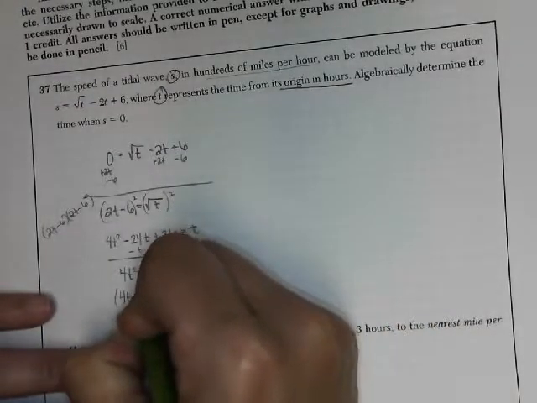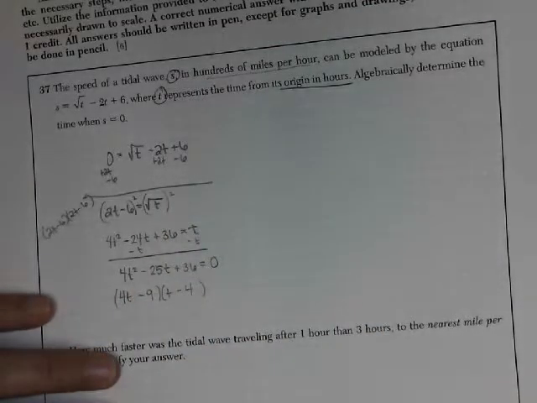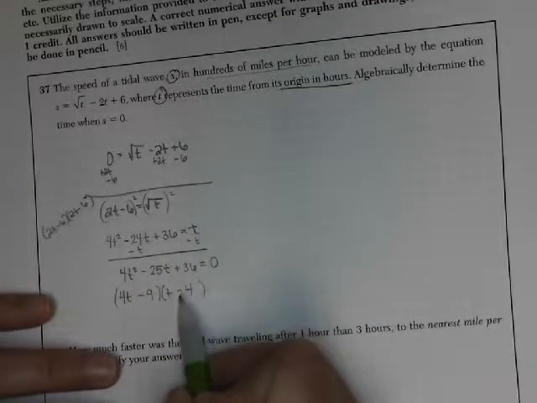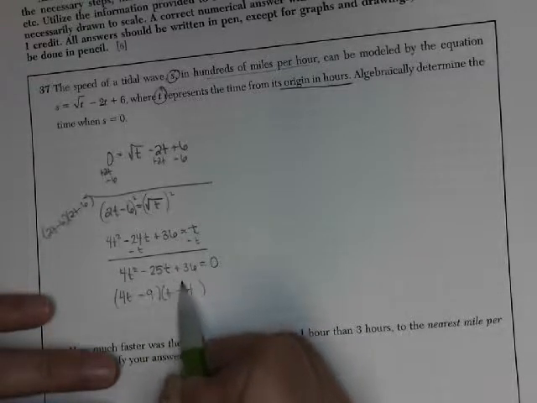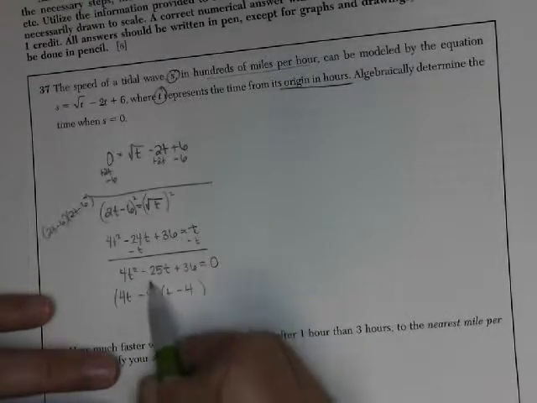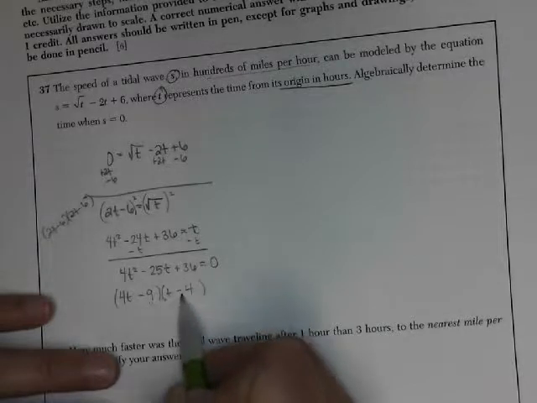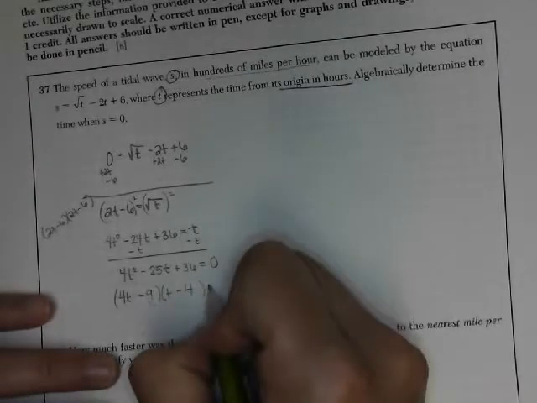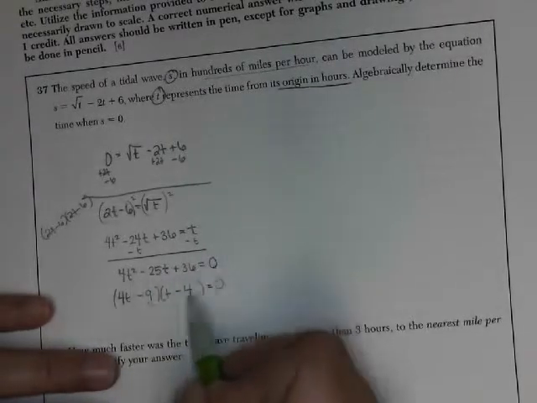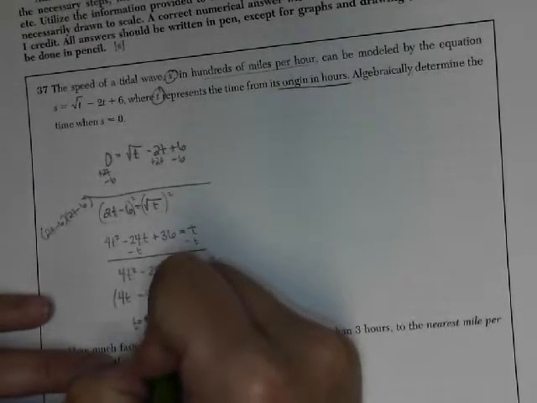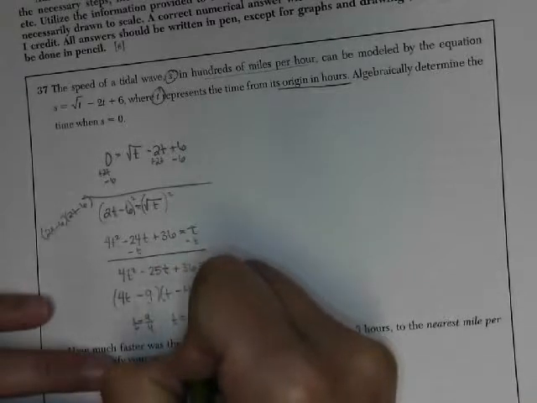This would be 4t minus 9. And that works, because this is going to give me the t equals 4 answer. But look at 4t squared minus 16t minus 9t will give me the minus 25, and negative 9 times negative 4 is the 36. You could get that without doing it. If you didn't want to factor, you could just do the quadratic formula. You'll still get t equals 9/4 or t equals 4.